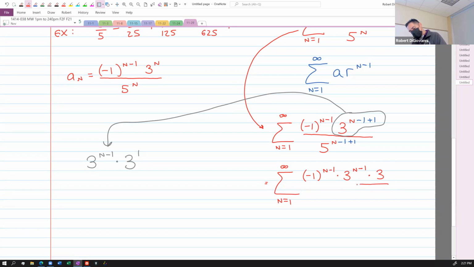What about the bottom? 5 to the n minus 1 times 5, right? Now look at all the stuff that has the n minus 1 power on it, right? All those have an n minus 1 power. Let's put them all together, which means negative 1 times 3 and then divide by 5 and raise that all to the n minus 1.